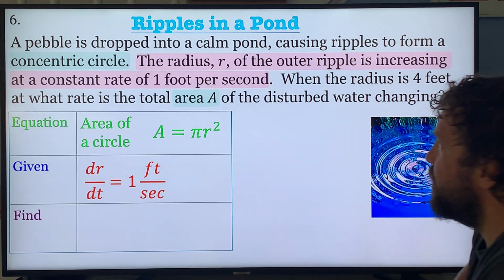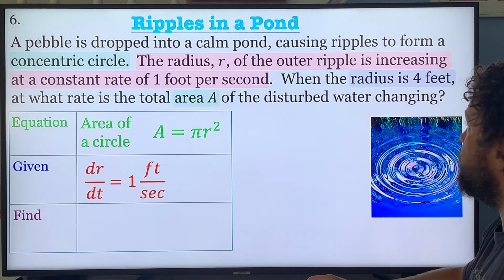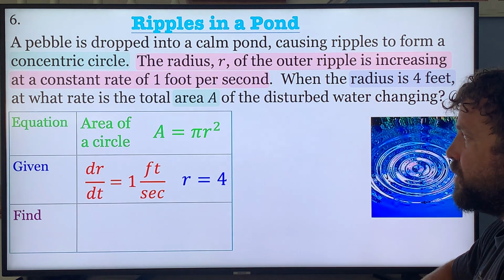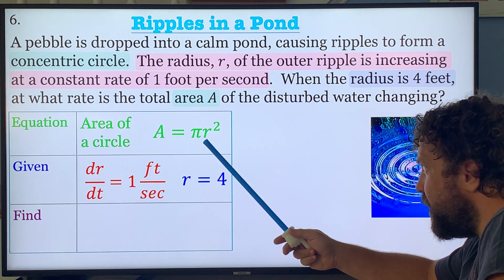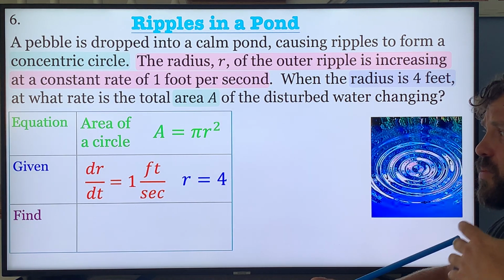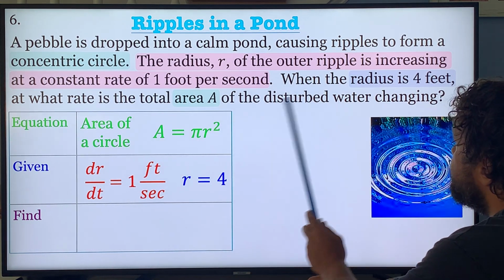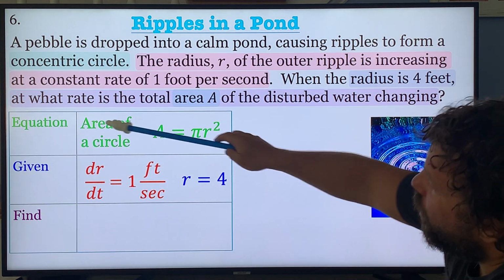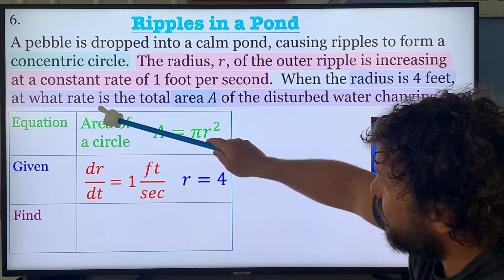All right? Now, when the radius is 4 feet, what does that mean? r equals 4. Now, would I just plug in 4 right away? I get area equals pi times 4 squared, area is 16 pi. No, that just tells us what the area is at that time. But what we're trying to find is, the question signals it for you: what rate?